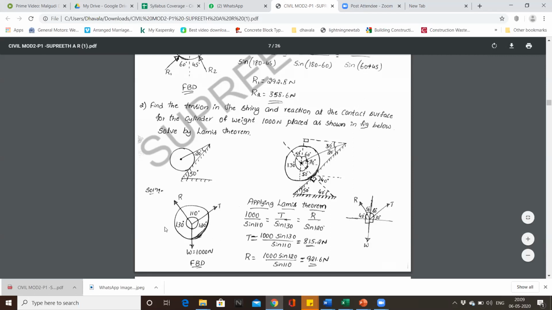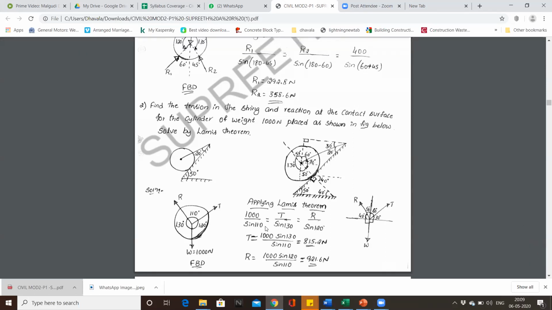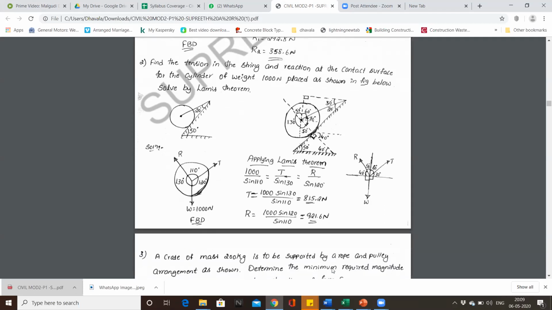The same thing is taken over here as the free body diagram. Weight, reaction and the tension, the angles subtended are 110, 130, 120 respectively. On applying Lami's theorem, we can easily find out capital T and capital R to be 815.2 and 921.6 newtons respectively.